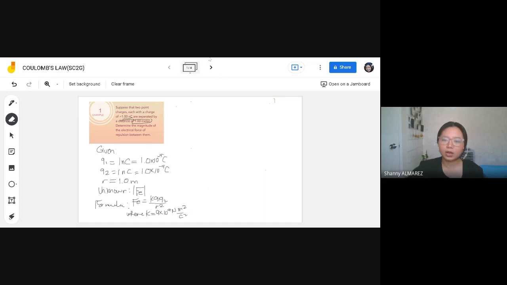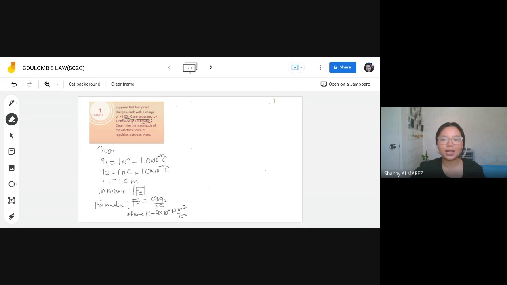So let me just double check the values. 9 times 10 raised to 9 Newton meter square per Coulomb square. This is now the Coulomb's constant, the value of the Coulomb's constant. Okay, so what would be the next step after that?